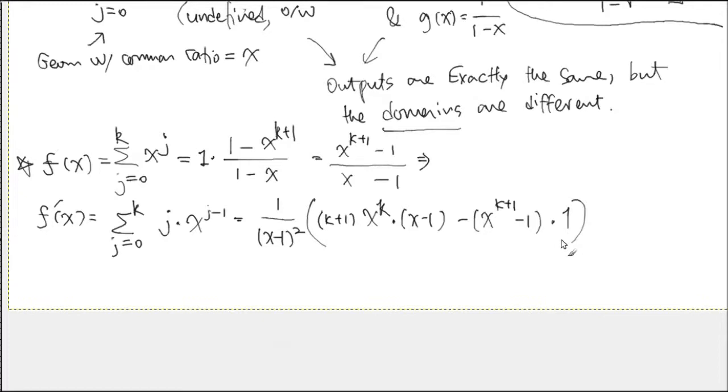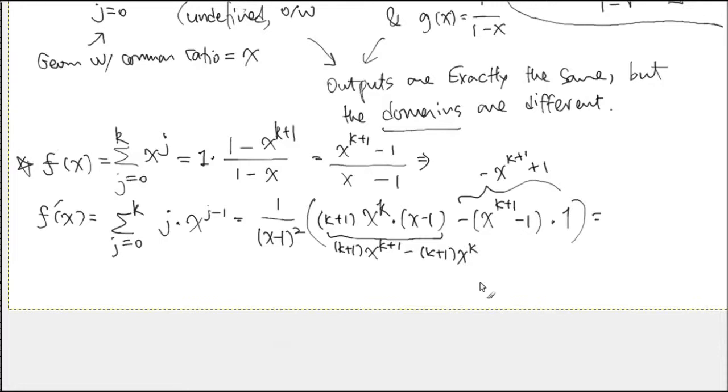So if you switch this x to r, we have a new series, which is not geometric, and we have a nice formula out of it. Let's simplify the numerator a little bit. This term together is going to be negative x to the k plus 1 and positive 1. If you expand this part, it is k plus 1 times x to the k plus 1, minus k plus 1 times x to the k.